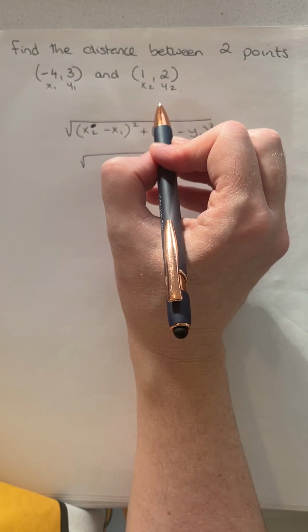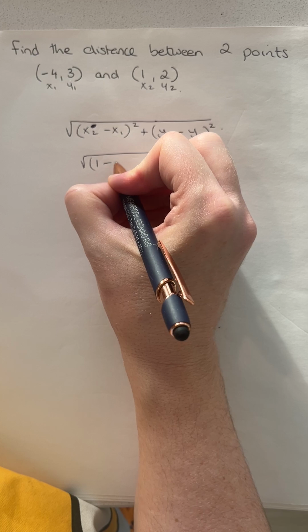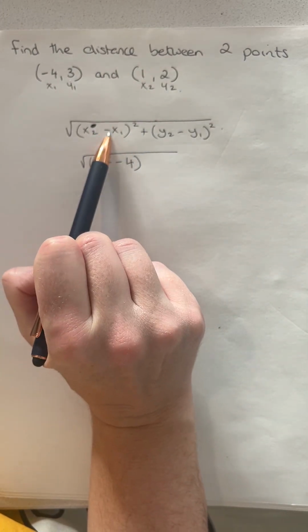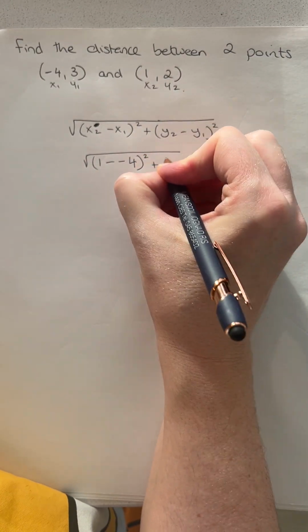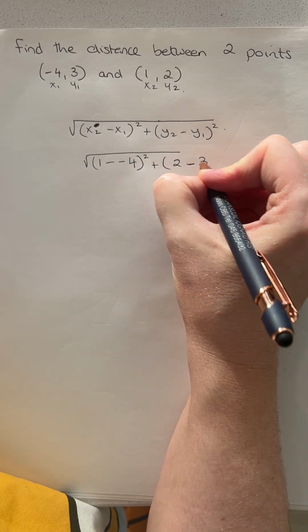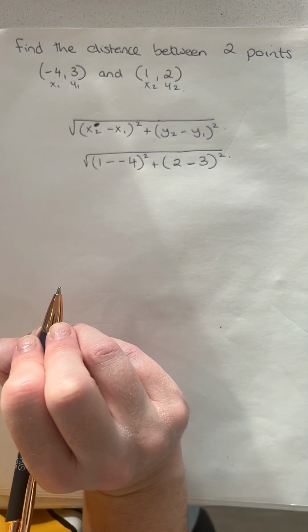Slowly fill in. So x2 minus x1. So take your time there. x2 is a 1. Minus from my formula, x1 is a minus 4. To be squared plus bracket y2 minus y1. Close your bracket and square it.